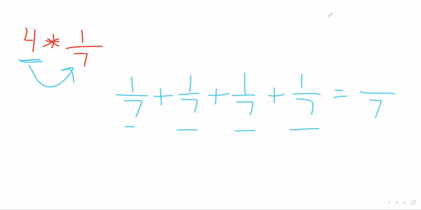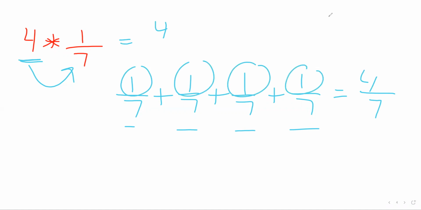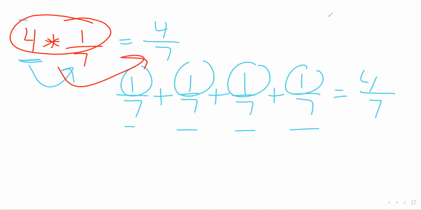It just stays the same. Slide it over, and then we add our numerators. 1, 2, 3, 4 is 4/7. Oh yeah, again, are we seeing a possible pattern? This is going to come in handy soon. What are we noticing? Cool. All right, let's continue this journey. This is a lot of fun.